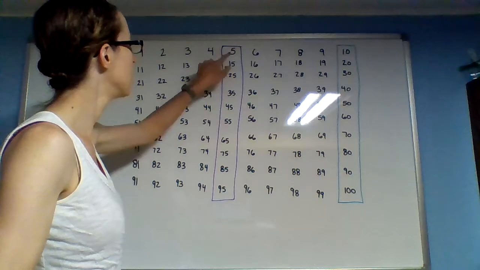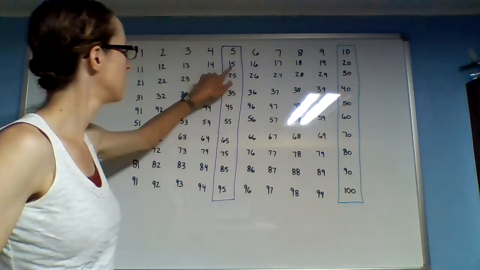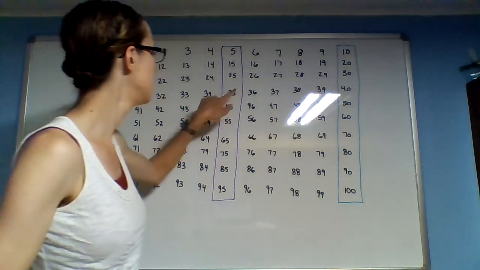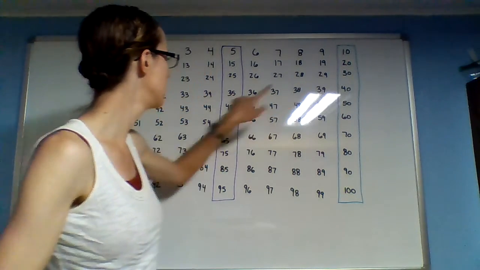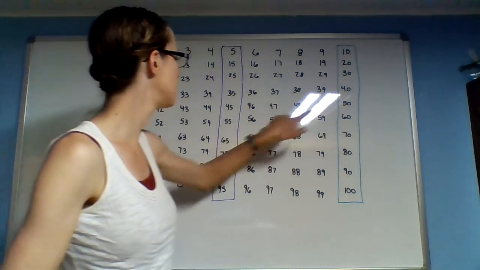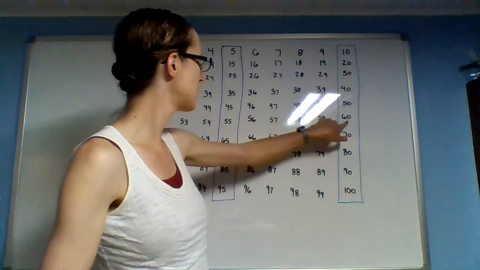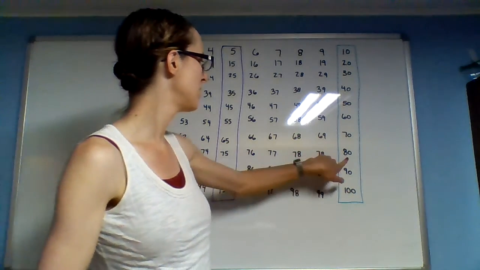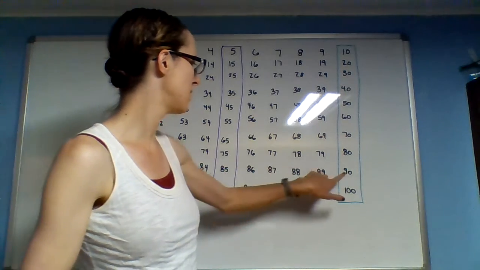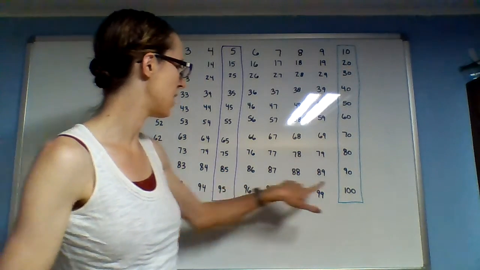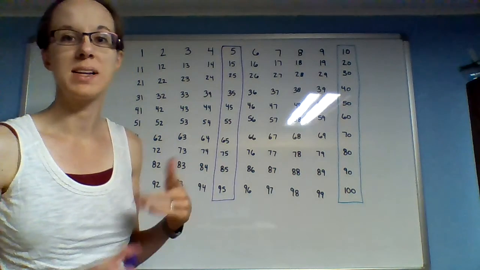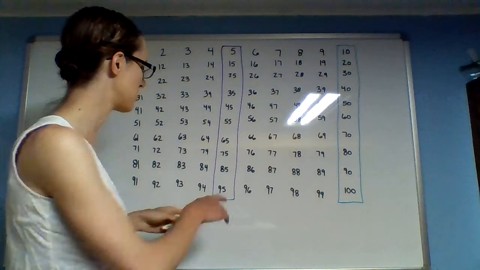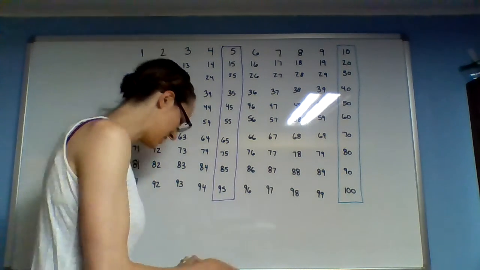Here we go. 5, 10, 15, 20, 25, 30, 35, 40, 45, 50, 55, 60, 65, 70, 75, 80, 85, 90, 95, 100. So when I skip count, I can normally pick out a pattern going down. So here it was the fives and the tens.